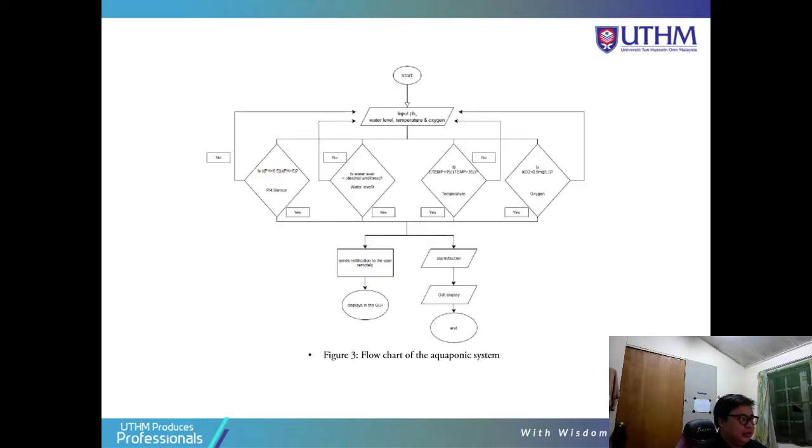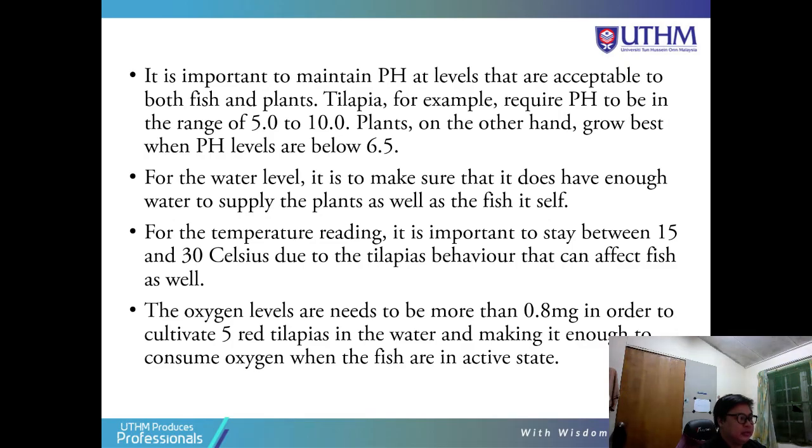So as you can see, I'm referring to the flowchart. For the water levels, we can program whether we want it or not. The temperature reading is important to stay between 50 and 30 Celsius, and the oxygen levels need to be higher than 0.8 mg in order to cultivate 5 red tilapia in the water.